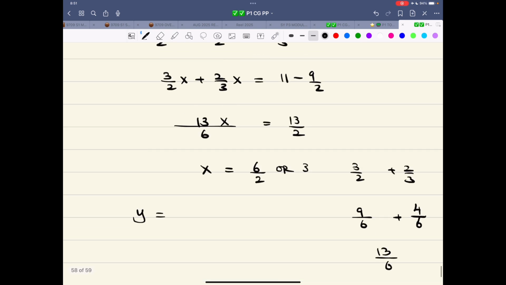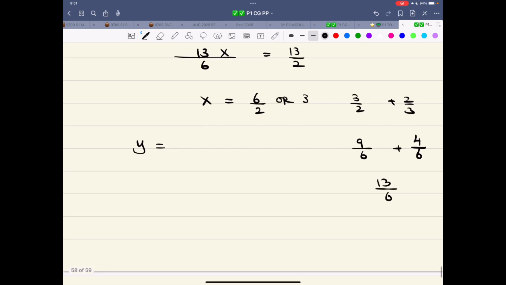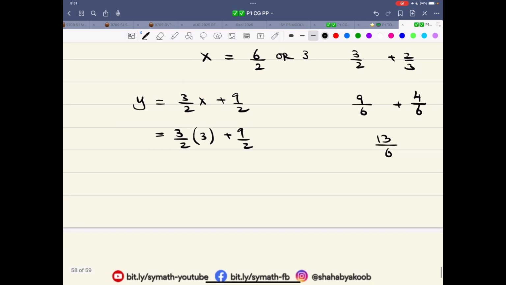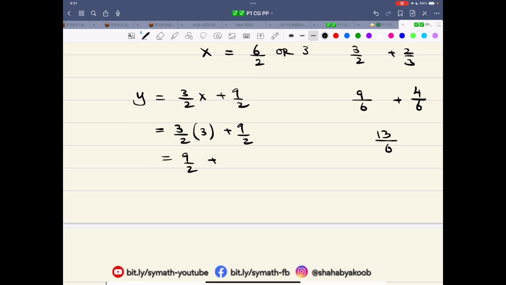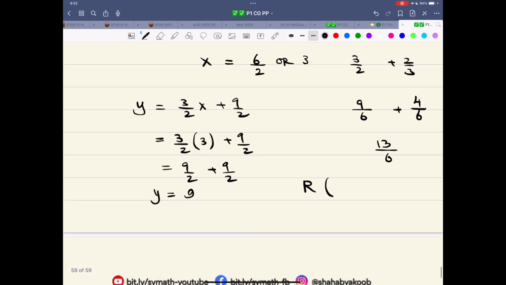Plug in one of the equations, 3 over 2x plus 9 over 2. That is 3 over 2 into 3 plus 9 over 2. That is 9 over 2 plus 9 over 2, and that comes out to be 18 over 2, which is 9. So the coordinates are x equals 3, y equals 9, 3 comma 9.